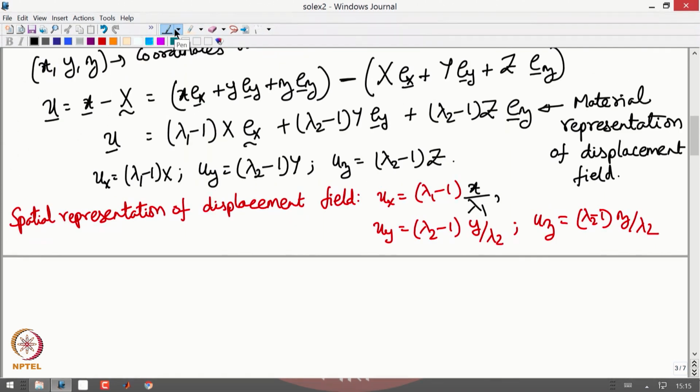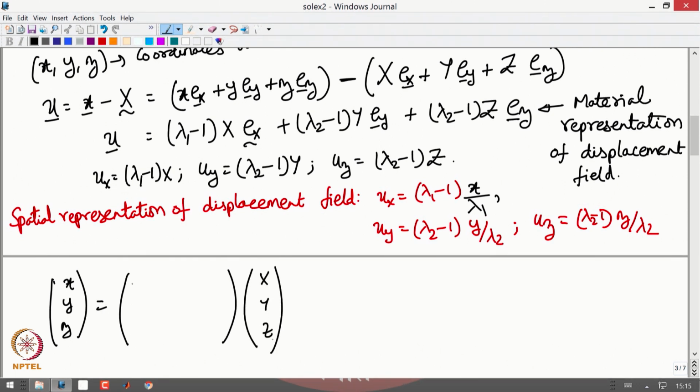In general, if small x, small y, small z and capital X, capital Y, and capital Z are related through a linear equation, then you can write small x, small y, small z as some matrix times capital X, capital Y, capital Z, wherein this matrix will be F11, F12, F13, F21, F22, F23, F31, F32, F33.